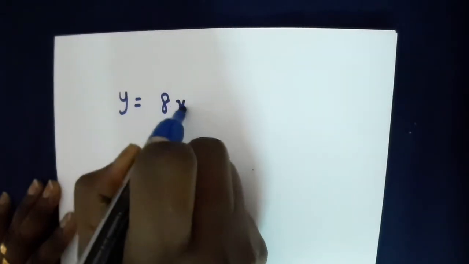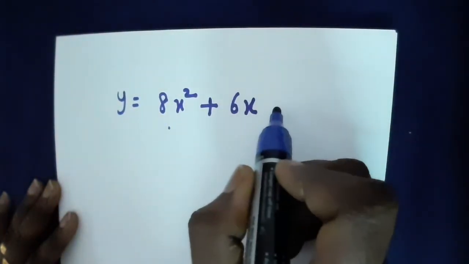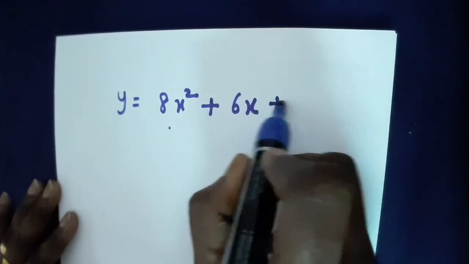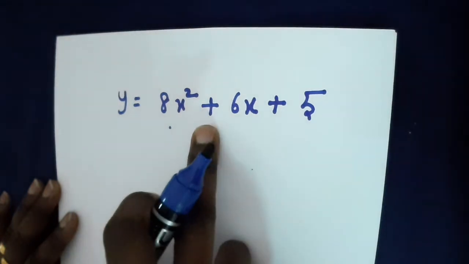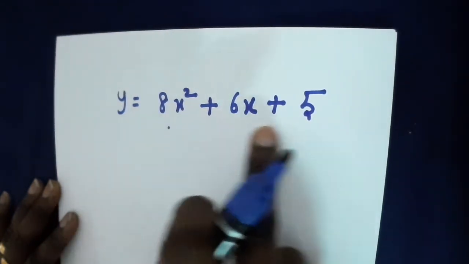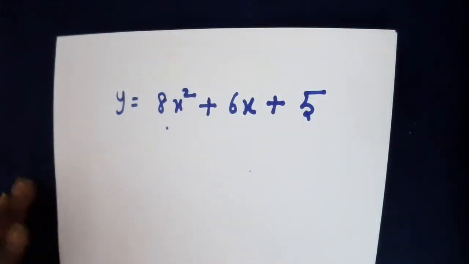Okay, suppose you have y is equal to 8x square plus 6x plus 5. All right, so here you have 8x square plus 6x plus 5. We have to differentiate each and every term.